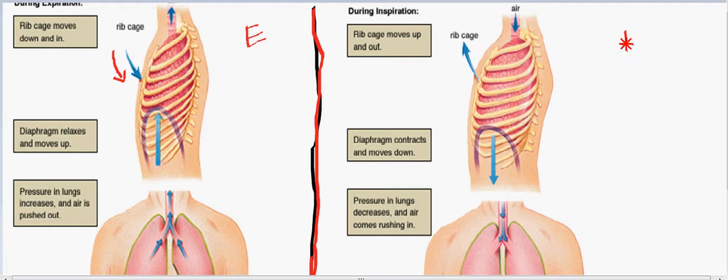During inspiration, on the right side here, the rib cage expanded, but during expiration the rib cage goes back. The size of the thoracic cage decreases, and so do the lungs. Here you can see the expansion of the lungs during inspiration, and here the size of the lungs has decreased during expiration.